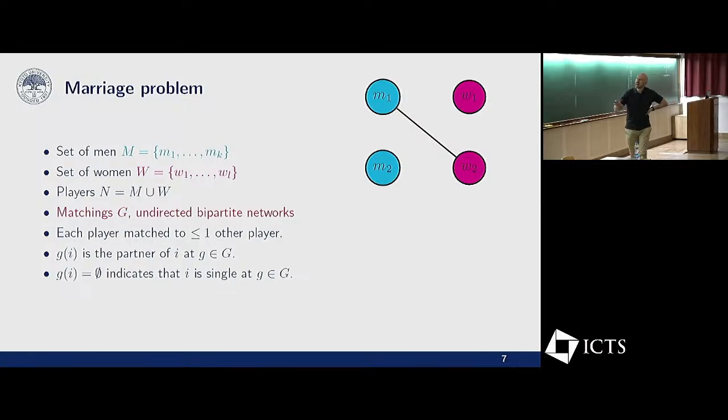And GI is going to be used to mean the partner of player I at a given matching G. So at this matching, G of M1 equals W2, and G of W2 equals M1. G of M2, well, M2 is unmatched, so G of M2 is the empty set, indicating that man number 2 is single at this matching.